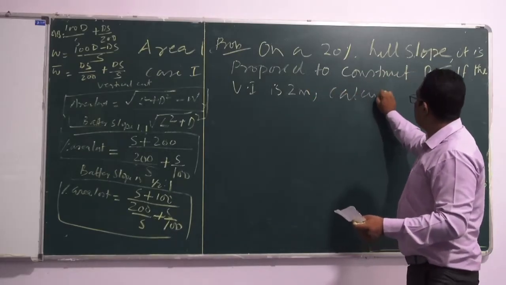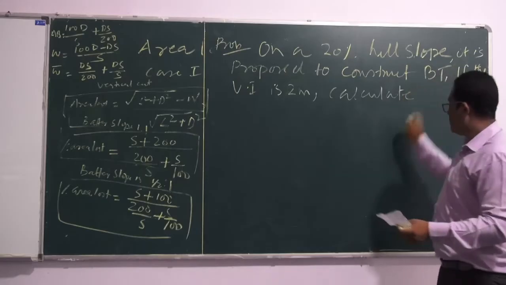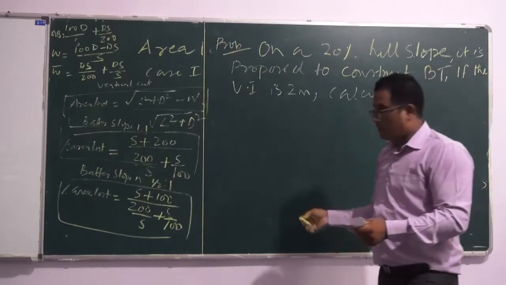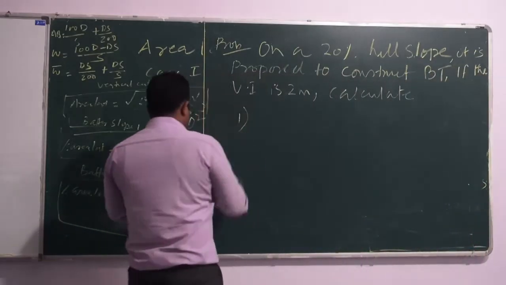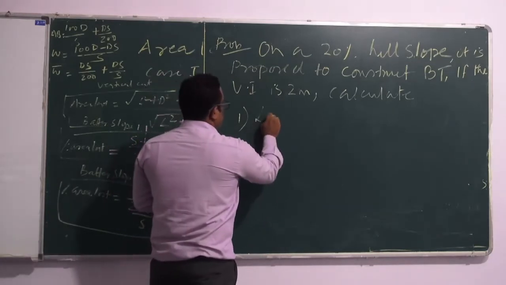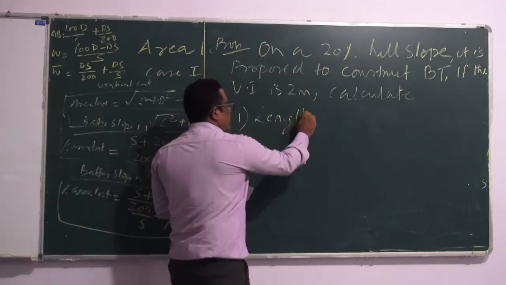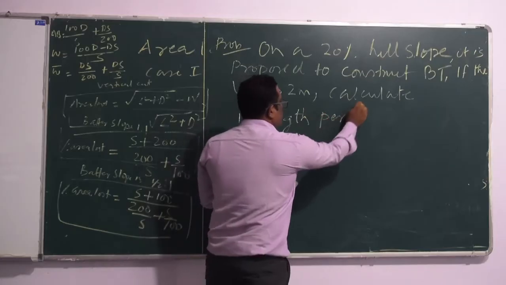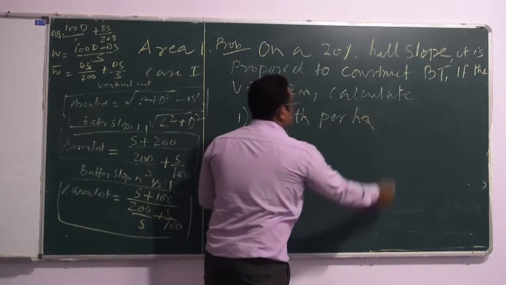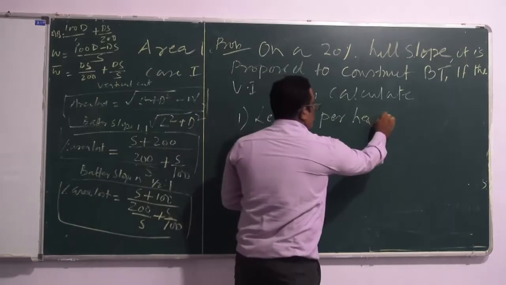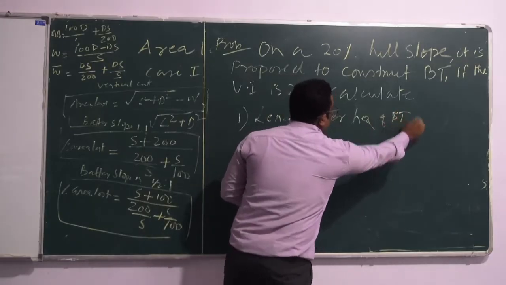Calculate one, length per hectare of BT.